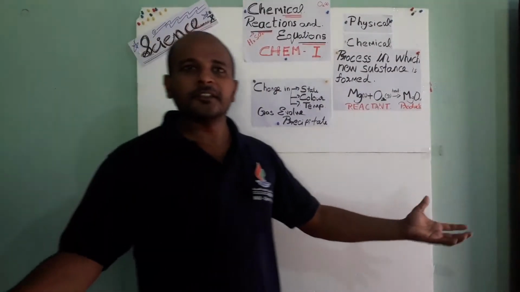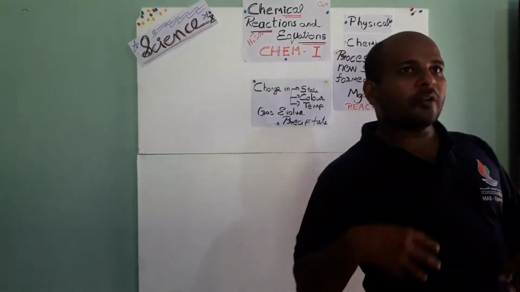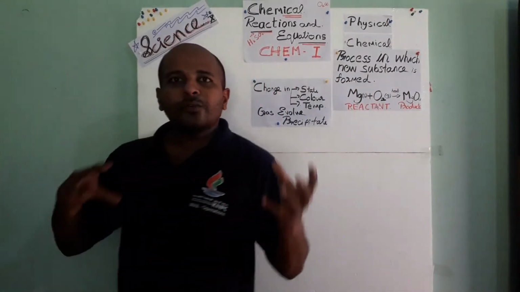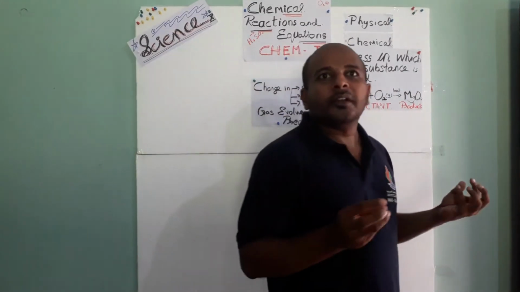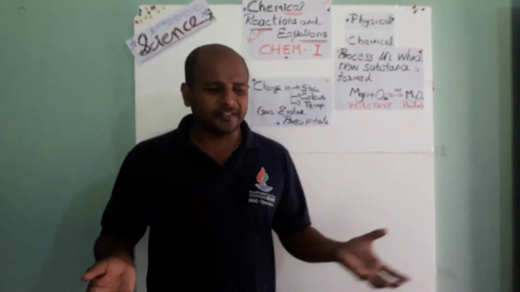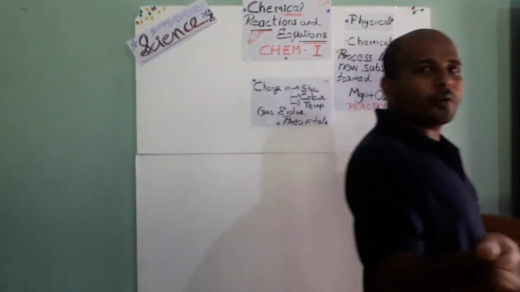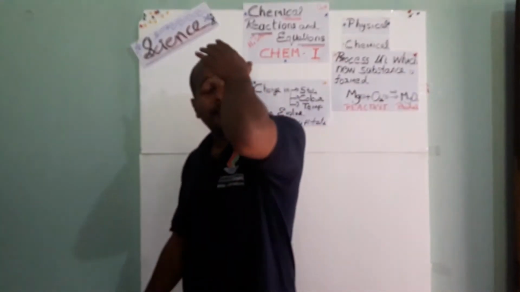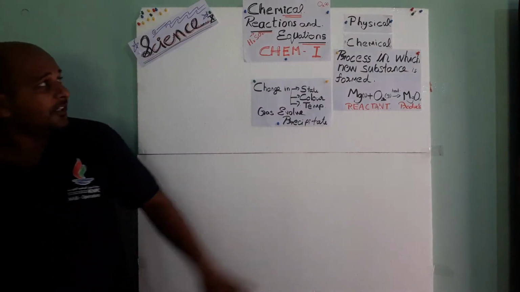Isn't it? Same thing, the food we are eating, it will go to our stomach and inside the stomach, the digestive juices will change it into glucose and it is absorbed throughout our body. That is also a particular type of chemical reaction. Okay, these are examples for the chemical reaction.